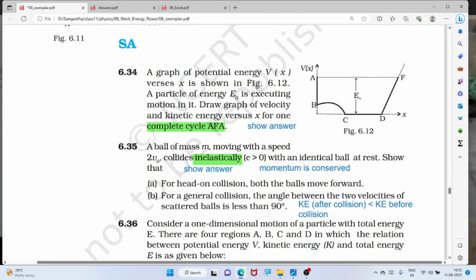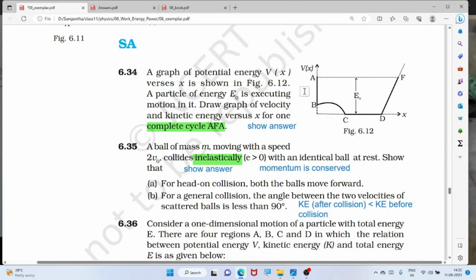The graph of potential energy versus distance is shown here. A particle of energy E is executing a motion in it. Draw the graphs of the velocity and kinetic energy. This is the potential energy versus displacement.